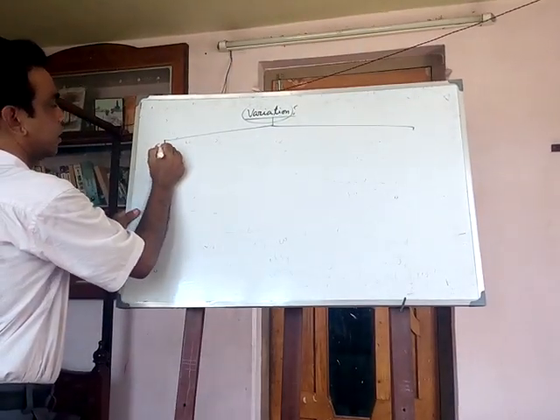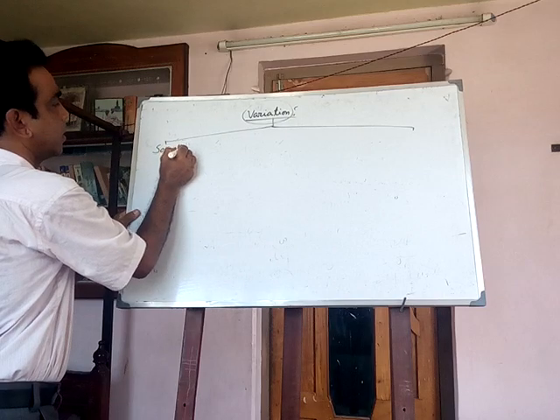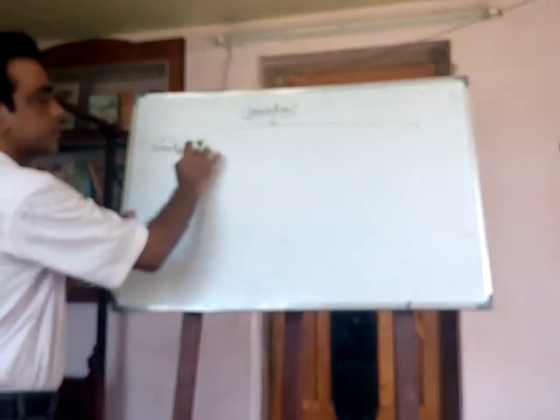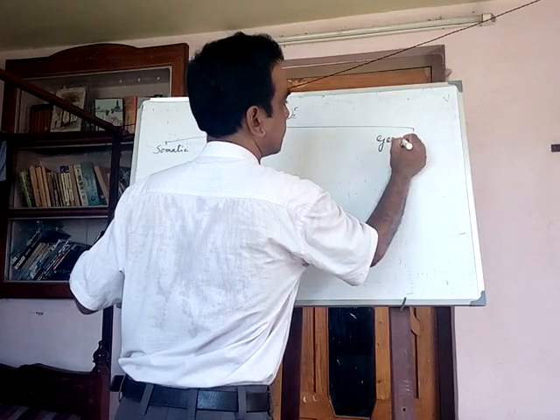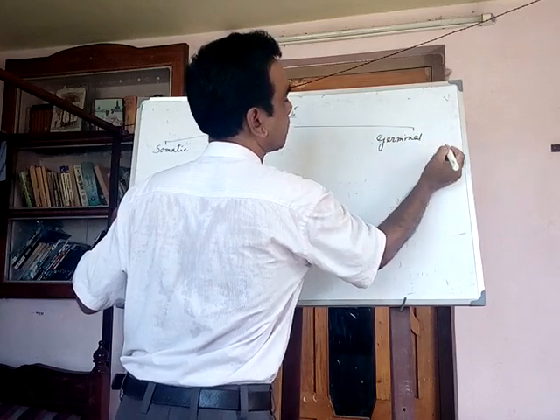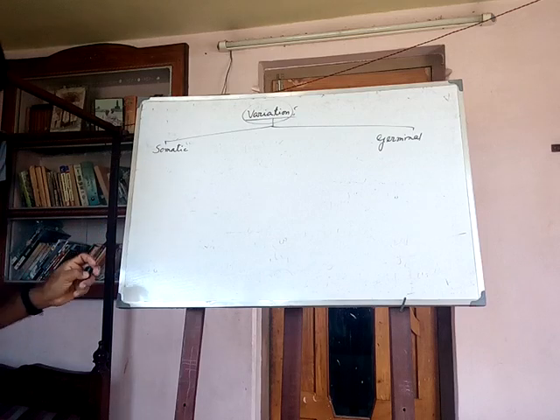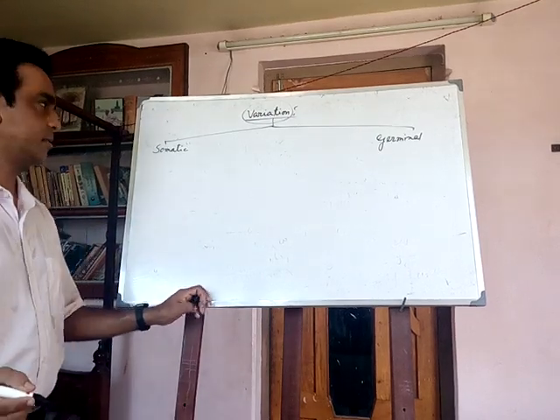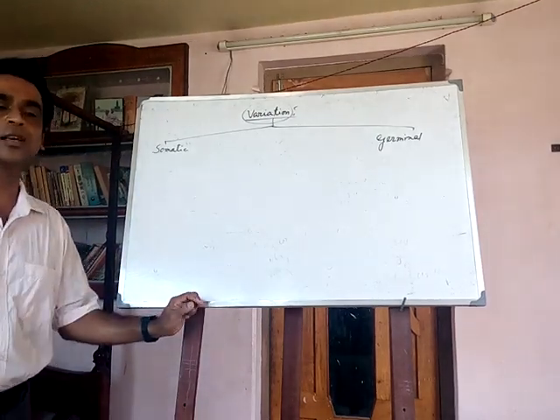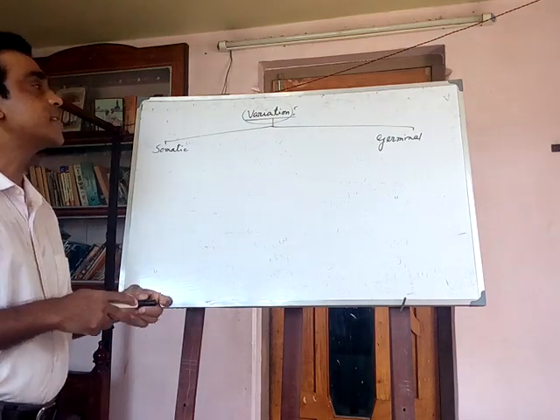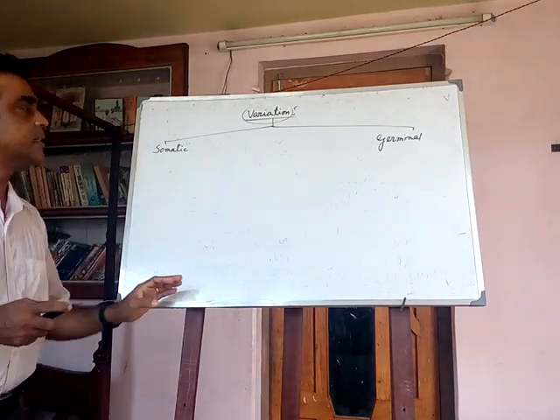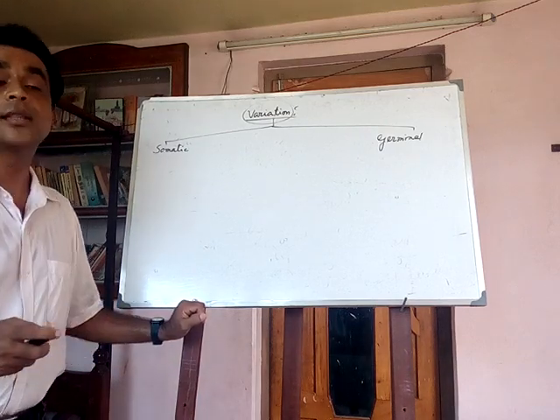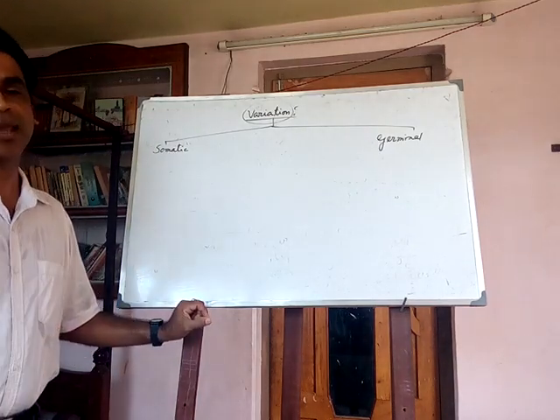One, somatic variations, and two, germinal variations. What are somatic variations? When the variations take place only in the somatic cells, then this type of variation is called somatic variations.